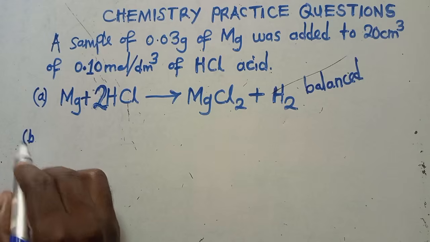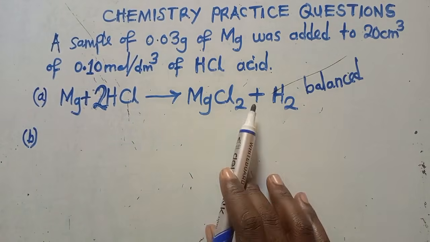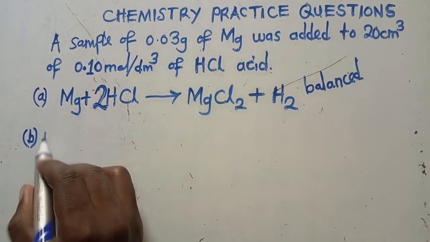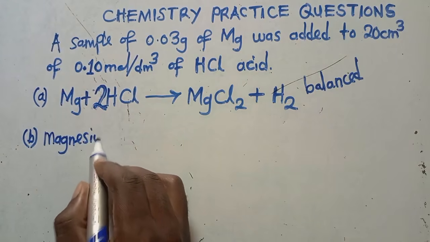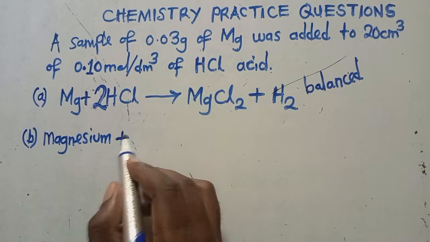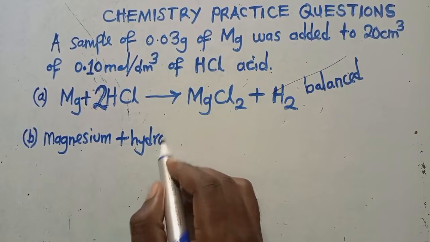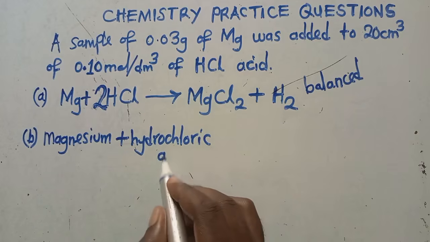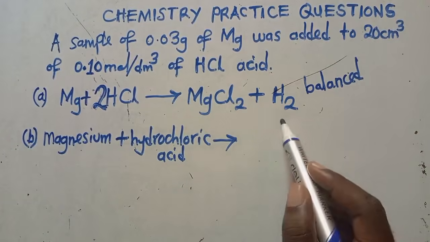The next question, we were told to say, write a word equation for the reaction above. For this reaction, we write the word equation. So the word equation is very simple. You just write the word magnesium, plus it is reacting with hydrochloric acid, giving us this compound that is here.